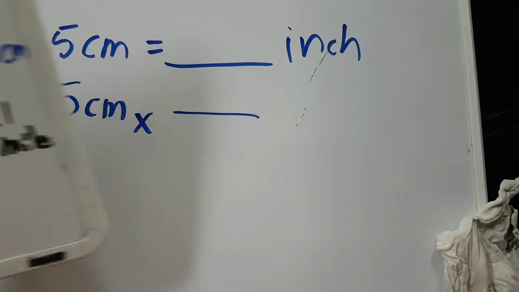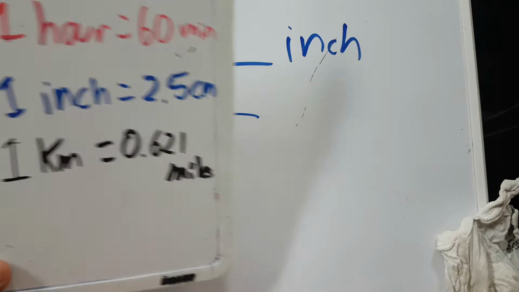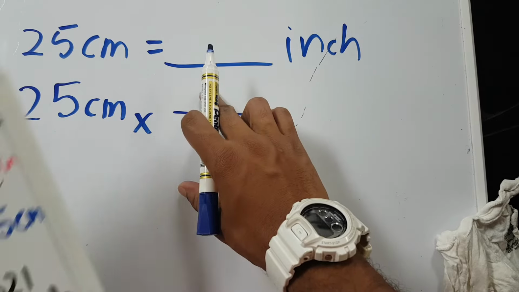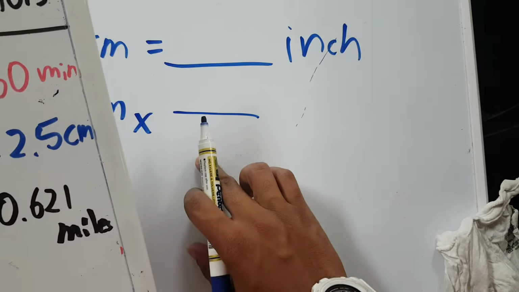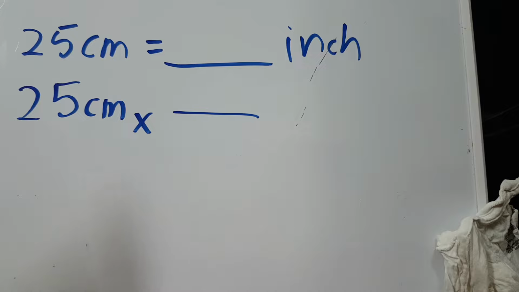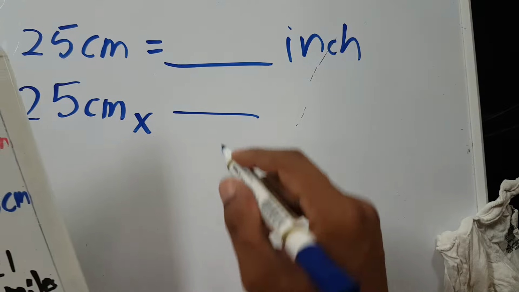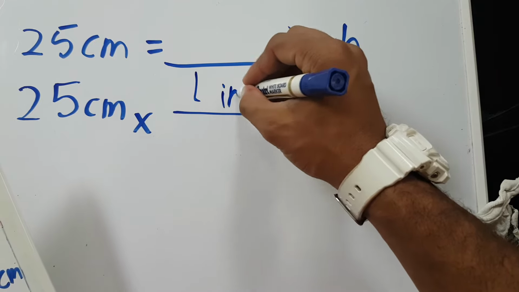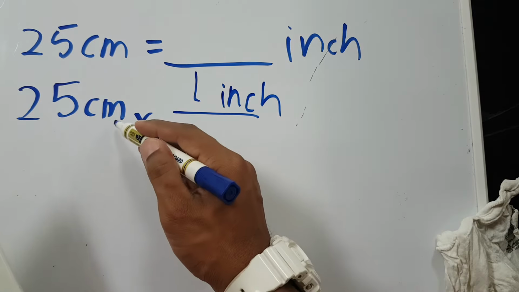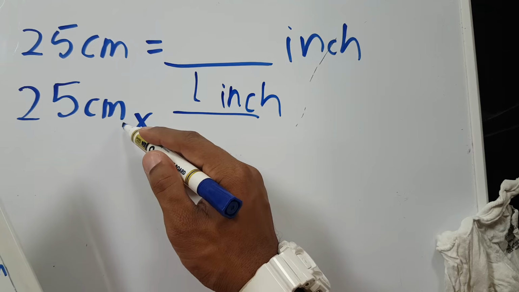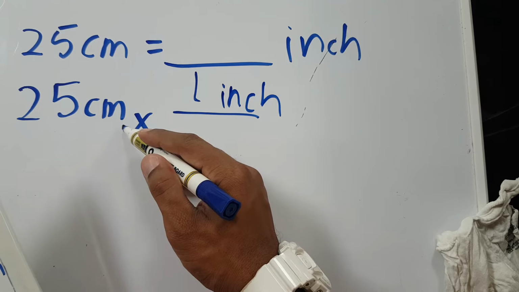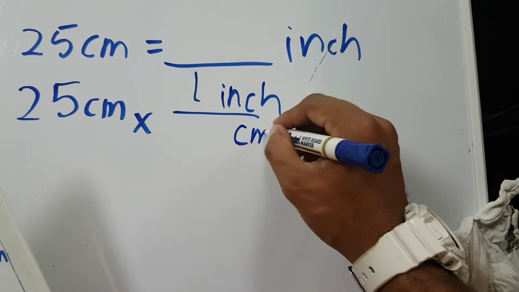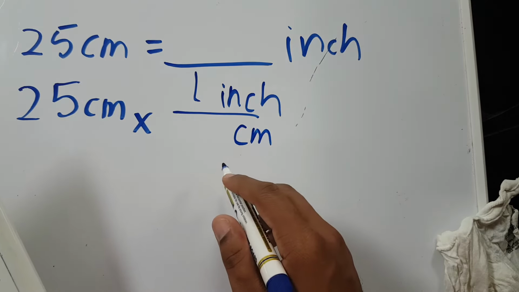See if you can figure this out. Which one goes where? Does 1 go on the top or does 1 go on the bottom? If you did it correctly, 1 is going to be on the top. The reason why is because centimeters is on the top, so centimeters need to be on the bottom.